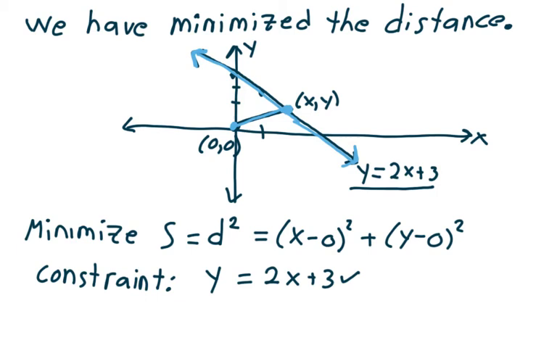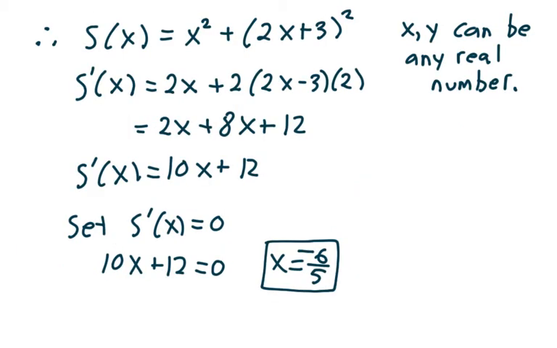The constraint is how x relates to y. So you notice in each of these problems, I have what I'm trying to minimize or what I'm trying to maximize, and I have a constraint. My constraint is y equals 2x plus 3. So I come over here, and I'm going to replace y with 2x plus 3. And that's exactly what I did. And I just have one correction here. That's a plus.